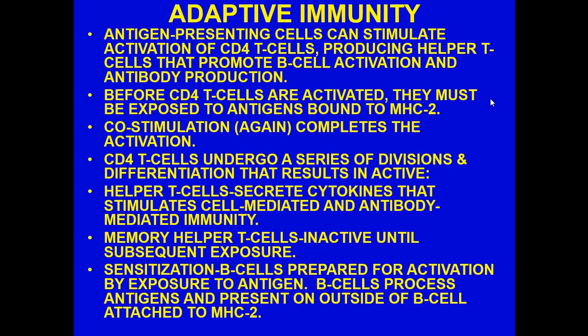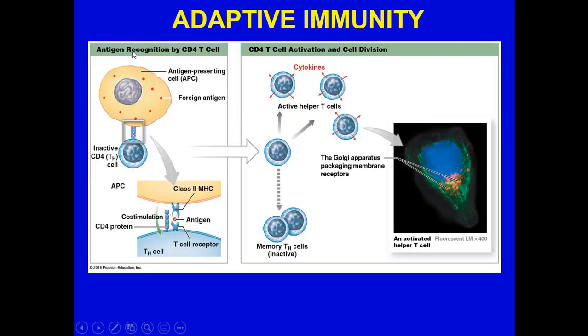They're waiting for later on in reinfections. You will also have sensitization of B cells. They will be prepared for activation by exposure to the antigen. B cells process antigens and present them on the outside of the B cell attached to MHC2. So here's the antigen recognition of the CD4 T cell.